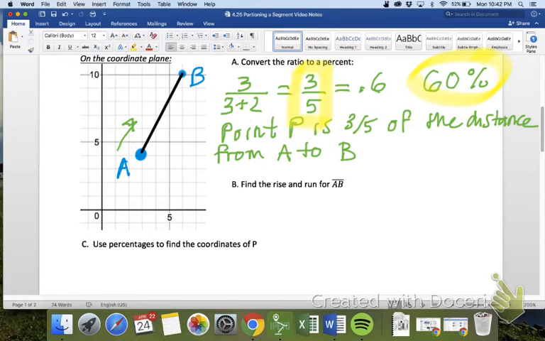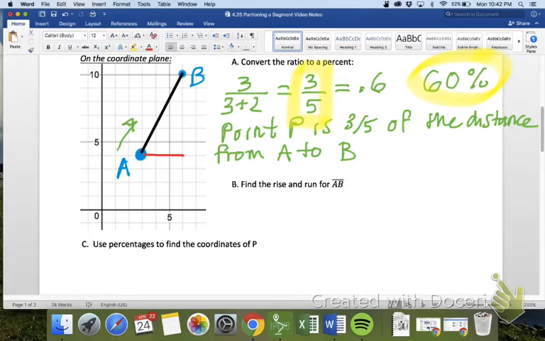So the next step in this process is going to be to think about the slope from A to B. Because we know that wherever P is, it needs to lie somewhere along that same line. So it needs to have the same slope from A to P as the slope from A to B. So if I just go ahead and find the rise and the run, I'm visual, so I like to just draw it out.